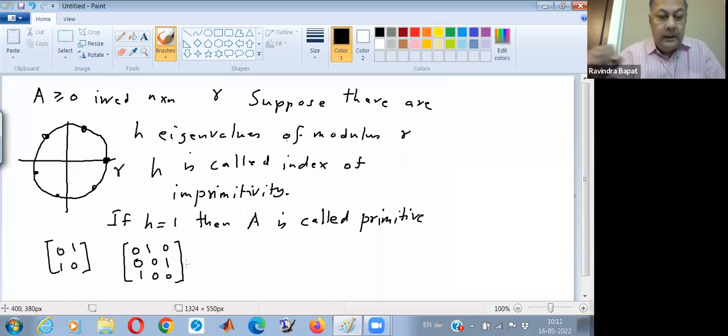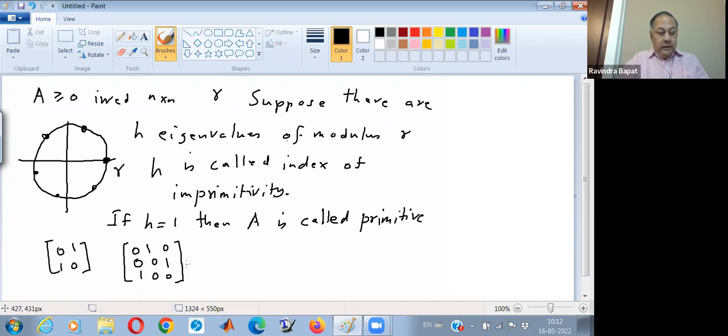So this is definitely irreducible, but it is not primitive, because if you take powers, the cycle will keep moving, but it will never become positive. And as you know, the eigenvalues are the cube roots of unity. So there are 3 eigenvalues, and the index is 3.